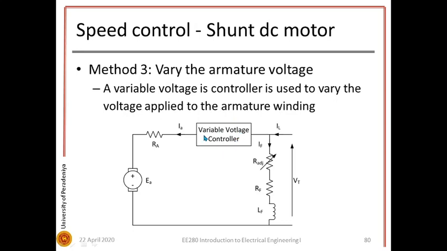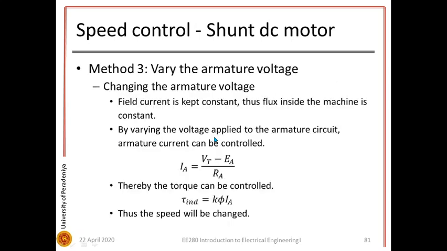So that means that is an additional electronic circuit which is going to change the effective voltage applied to the armature circuit. In this method you are not changing the flux inside the machine.